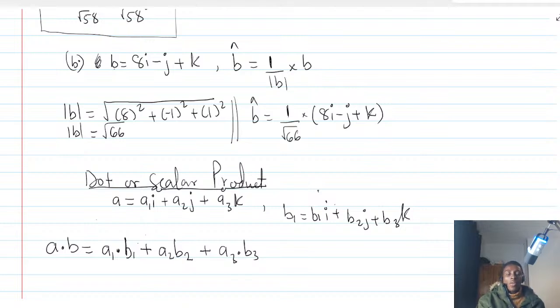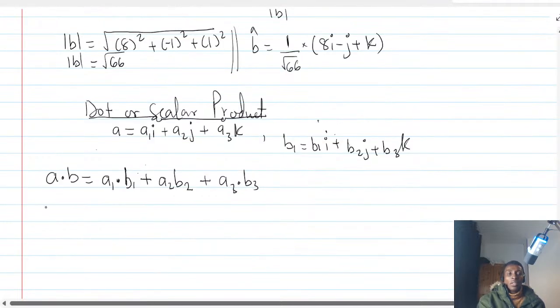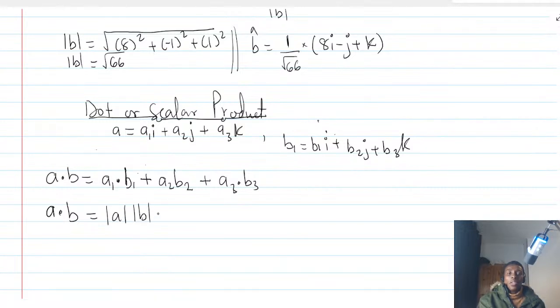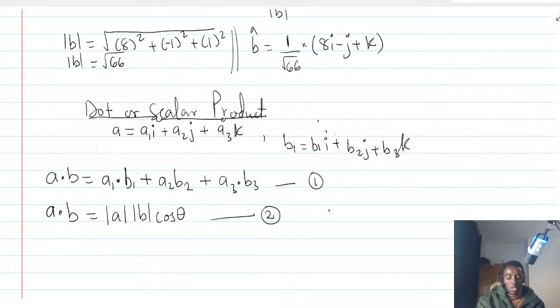But before we solve an example, let's look at something interesting here. We can also say that the scalar dot is actually A B cos theta. So this is equation 1 and this is equation 2. These are all correct.